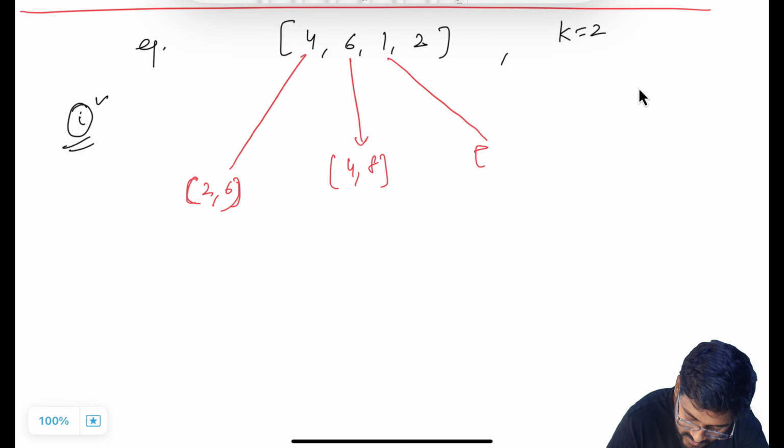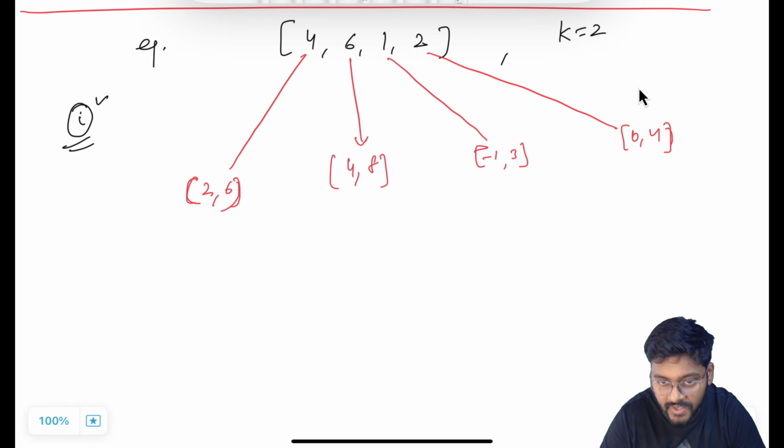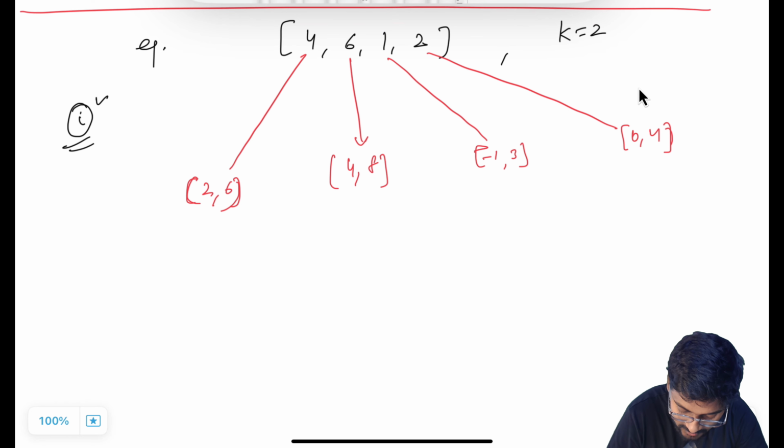For 1, the range is minus 1 to 3. And for 2, the range is 0 to 4. These ranges show that you can replace each value with any value from its range.